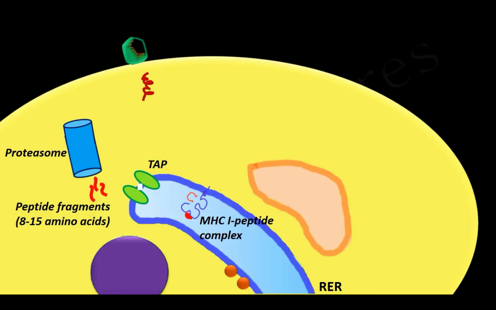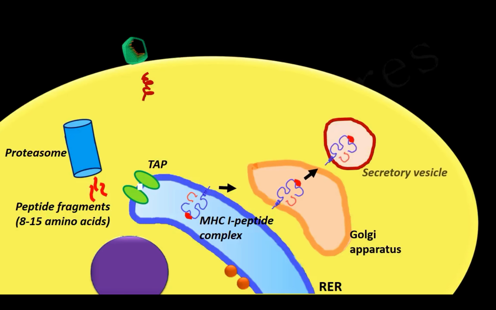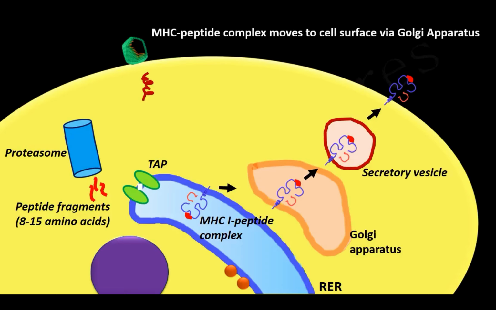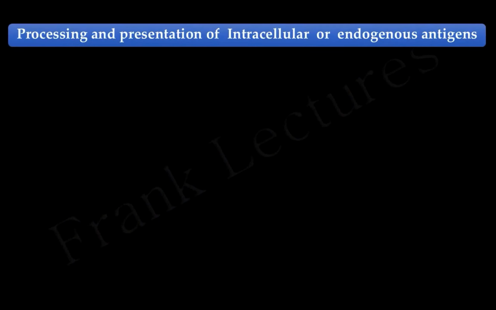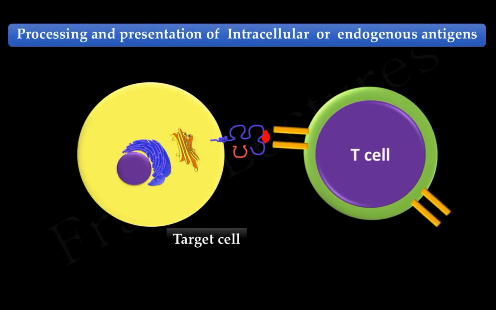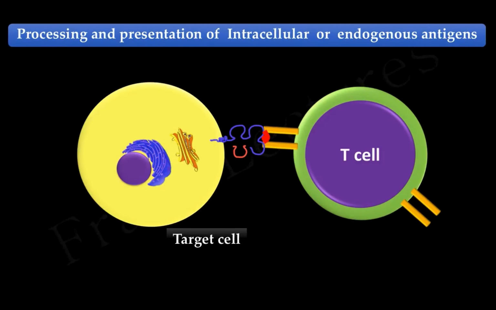Next, the MHC class I peptide complex thus formed is released from the chaperones and moves to the cell surface via the Golgi apparatus. Once it reaches the cell surface it integrates into the membrane and can be recognized by the T cells. For recognition purposes, T cells possess T cell receptors which recognize the peptides presented by MHC molecules.